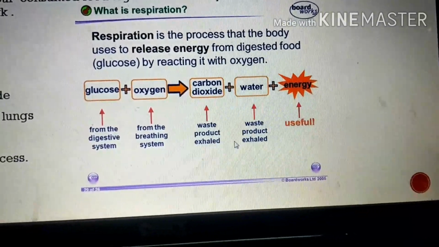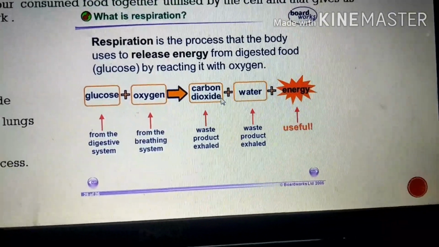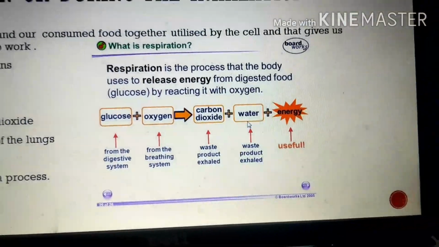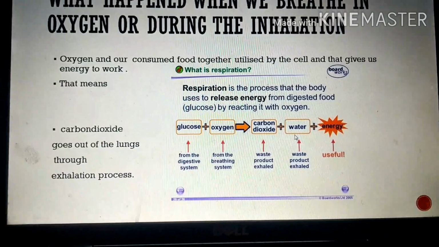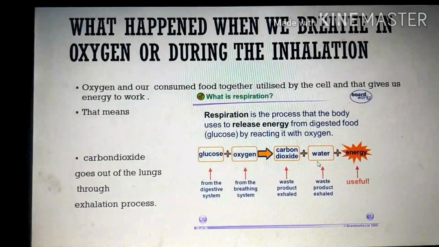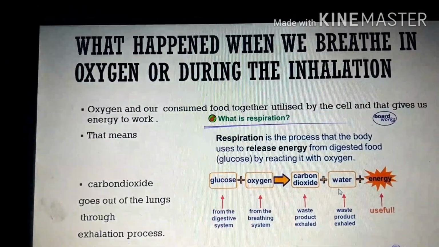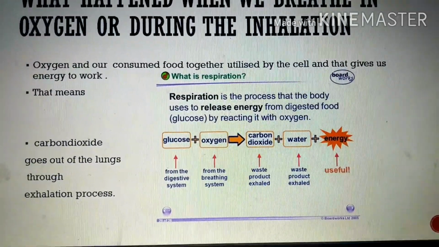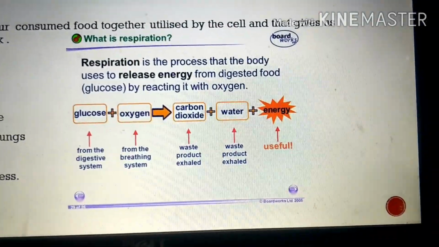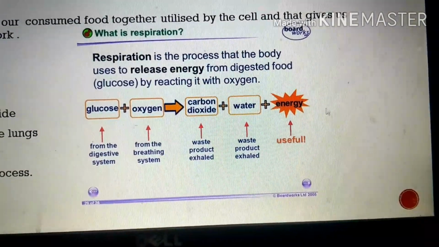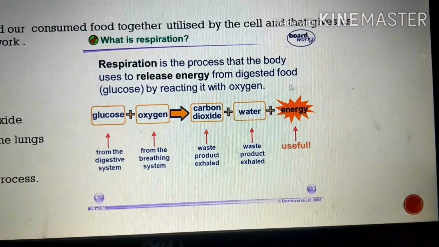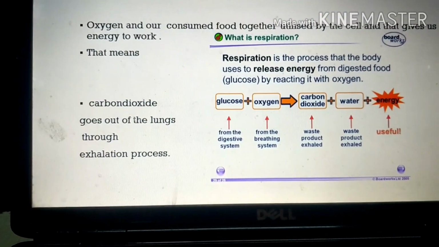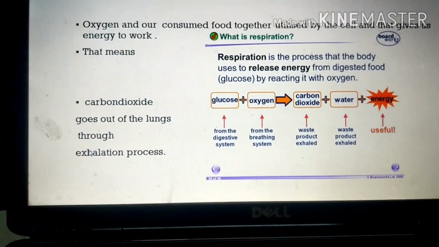We exhale it. Then there is also the waste product water. What happens to that water? When we sweat, it goes out of our body, and it also goes out of our body by urine. Then there is energy. This energy is utilized by us. Then carbon dioxide goes out through the lungs by the exhalation process.